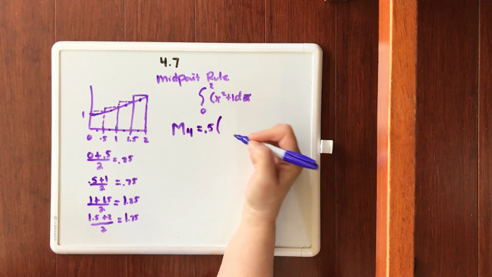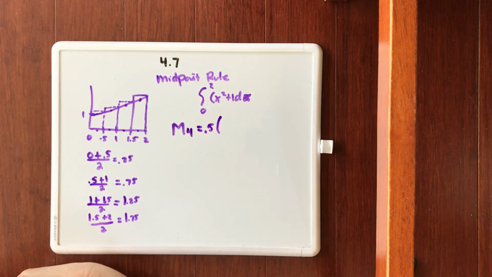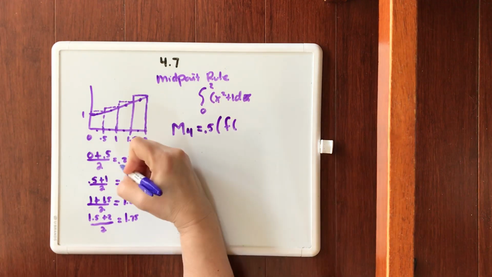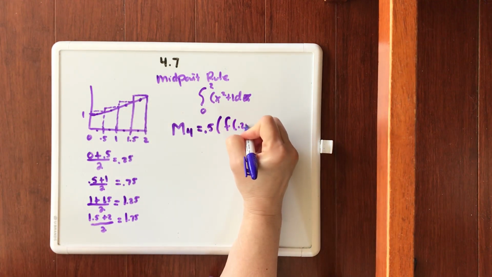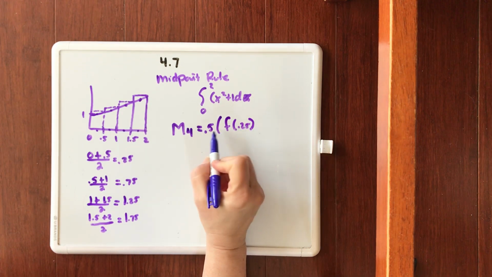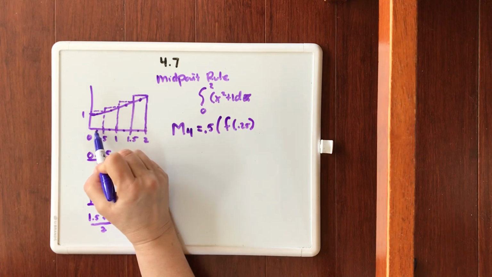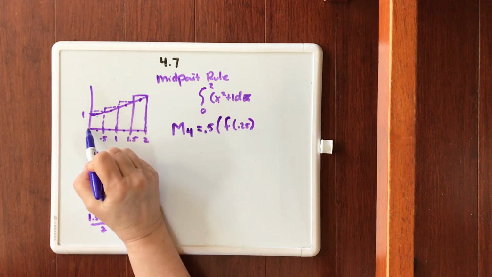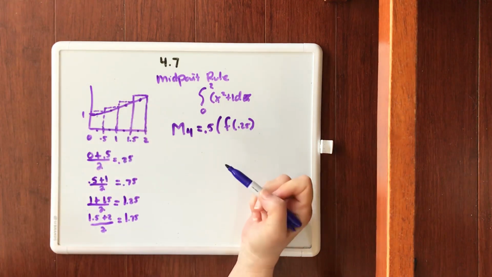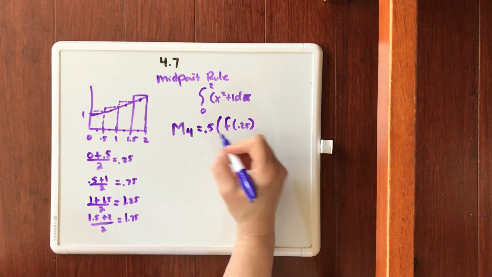Now how we do the midpoint is we do f of the midpoint. So f of the midpoint is 0.25. Just looking at this right here, we're taking this length right here and timesing it by that width. So it's really taking the average by looking at the midpoints there. That's for the first one.